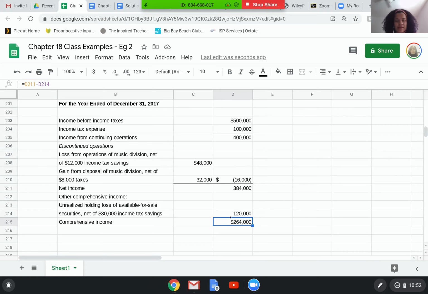You wouldn't necessarily have this loss with the investment every year. So that's not sustainable. If we just lumped everything together and got to net income of 264,000, then our circumstances look way worse than what they actually are.